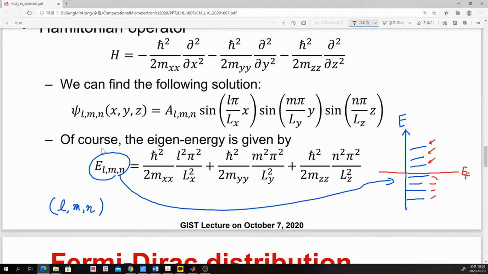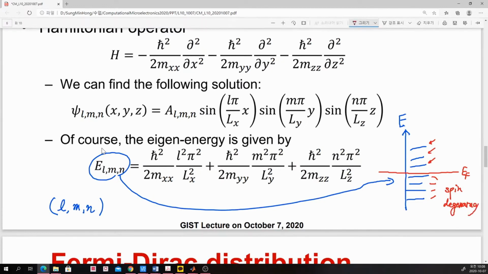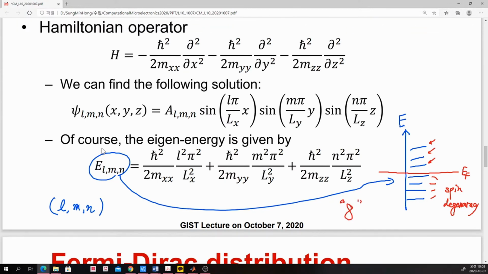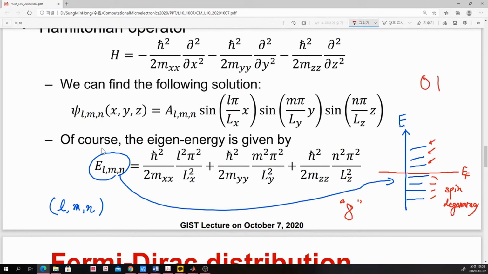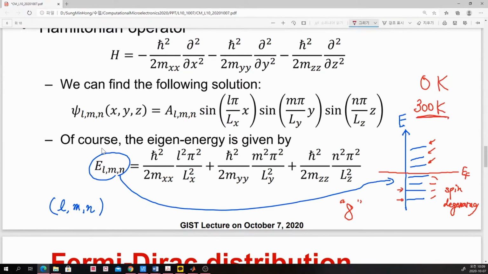However, since we are considering a spin degenerate system, in total 8 states are fully occupied. This is the case at 0 Kelvin. If we go to 300 Kelvin, things are a little different, because the lower energy part is not affected by temperature.